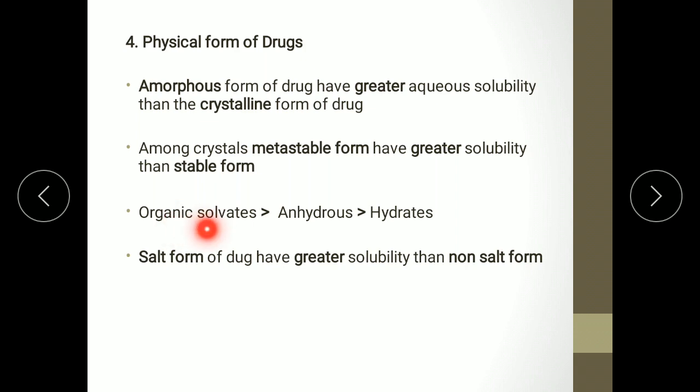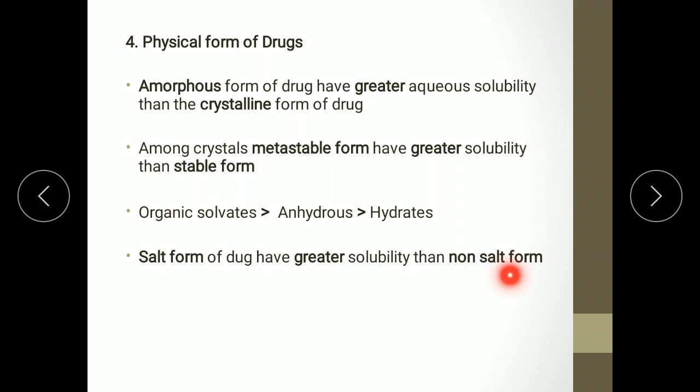Next point is organic solvents. Organic solvates have greater solubility than the anhydrous form, and anhydrous have greater solubility than the hydrate form. Next, the salt form of a drug has greater solubility than the non-salt form.